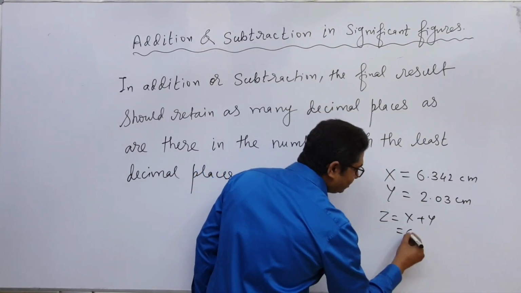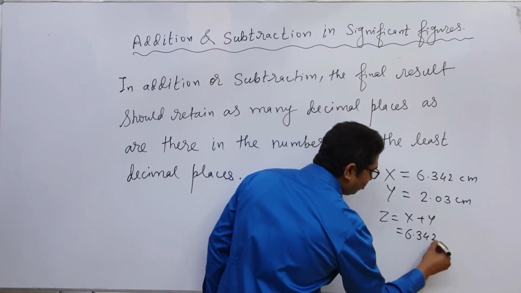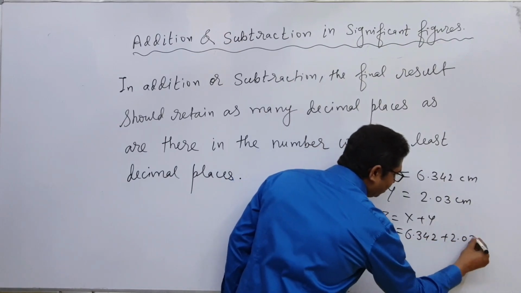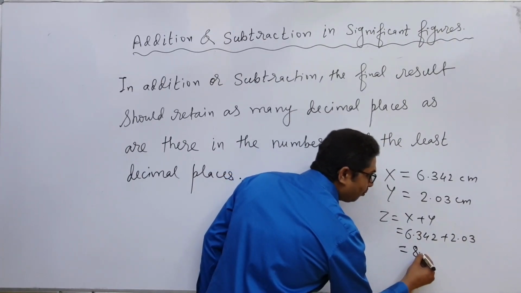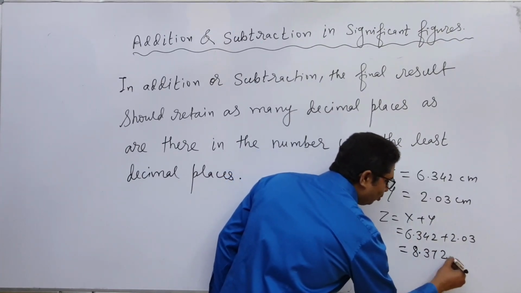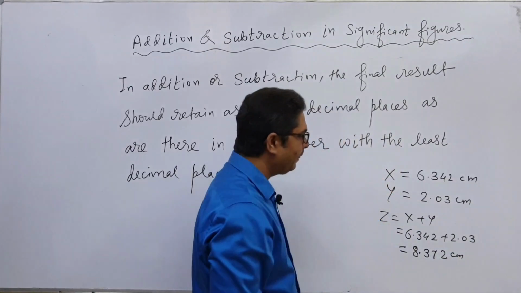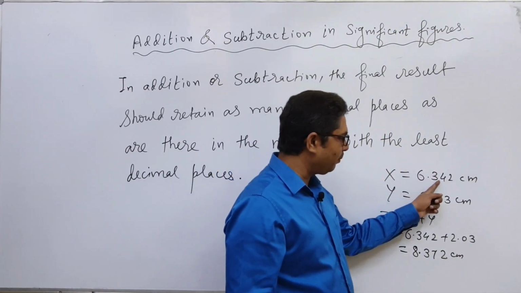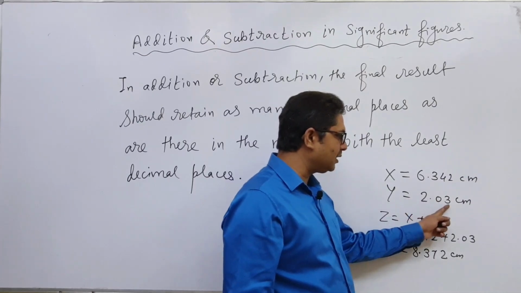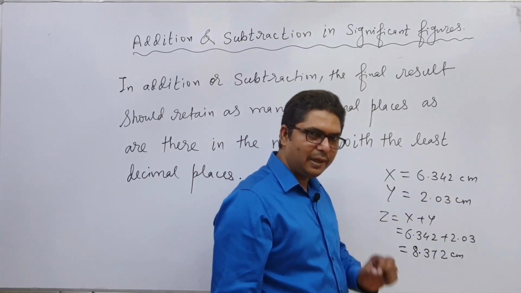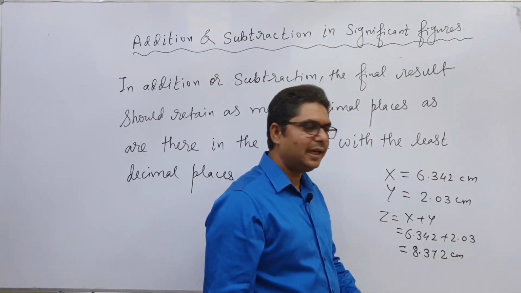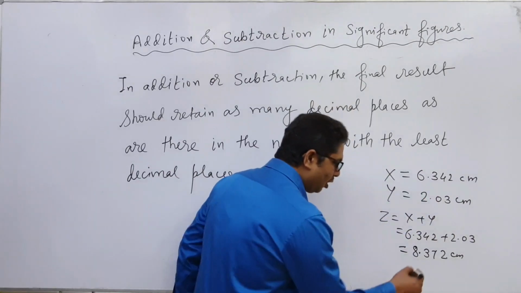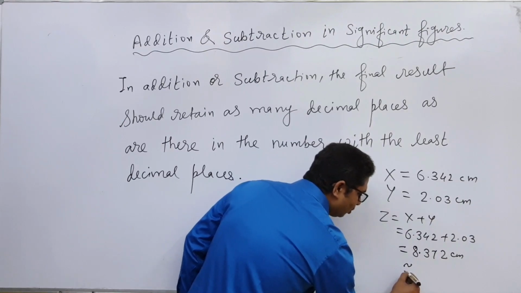So you have 6.342 plus 2.03. So when you add it, it comes to be 8.372 centimeter. Now see, x has 3 decimal places and y has 2 decimal places. The answer should be written in the least decimal places as in the question, that is in 2 decimal places. So round it to 2 decimal places.